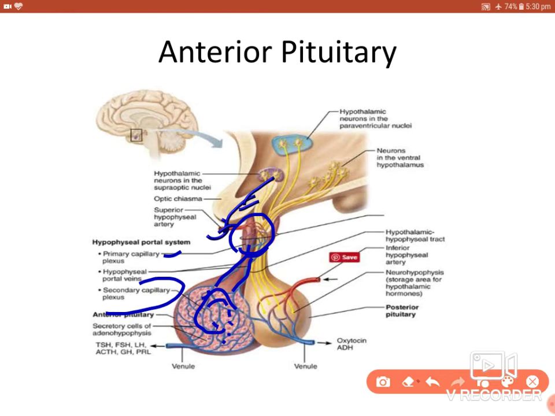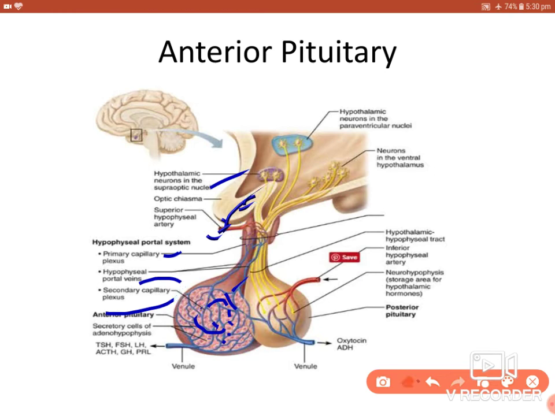Then these endocrine products produce a negative feedback, that is, they inhibit the primary releasing factors from the hypothalamus, which ensures homeostasis of the levels of endocrine hormones in the blood.